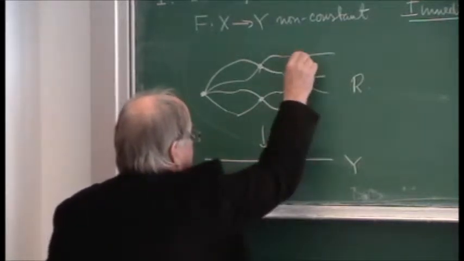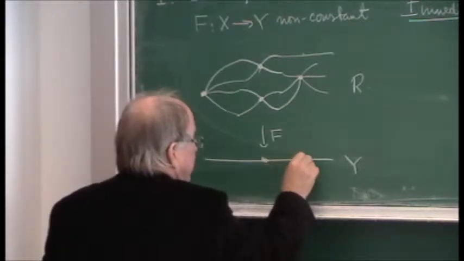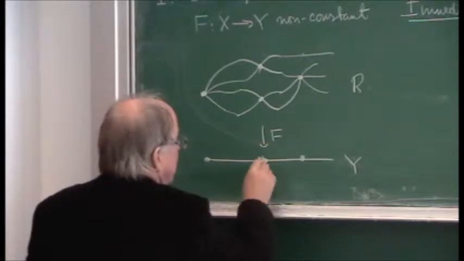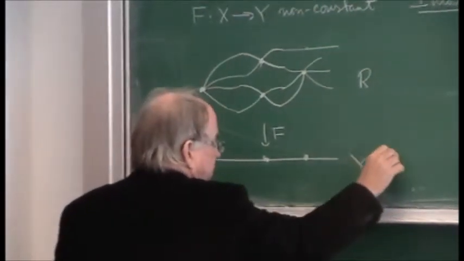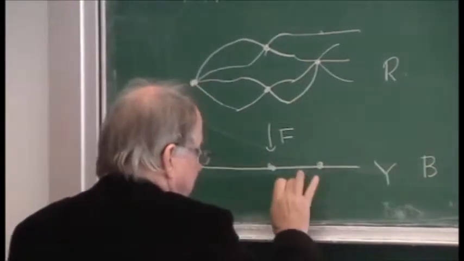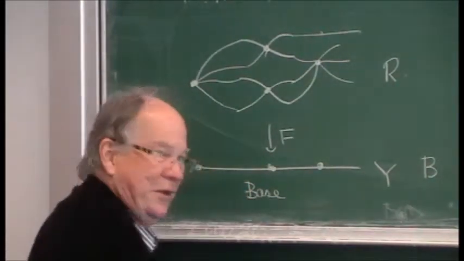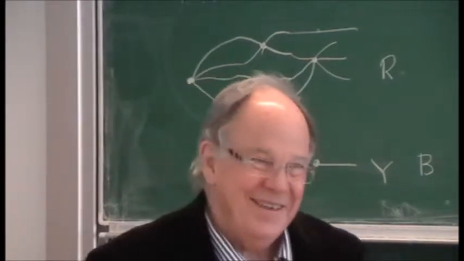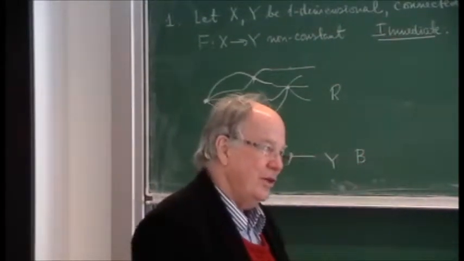So you see it's not ramified here, but there is a point over which it's ramified there. So that's what we count. The image of the ramification set, in this case, 3 points. It's easy to remember because this is the base, and therefore the downstairs set should be called B, and it's the branching set. Because I get confused with the words: upstairs is ramification, downstairs is branch.